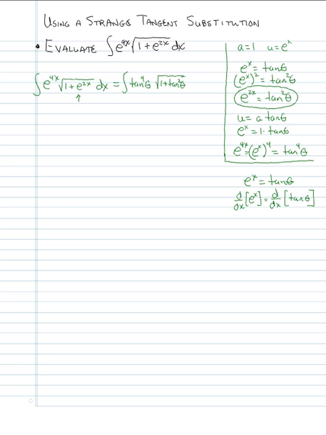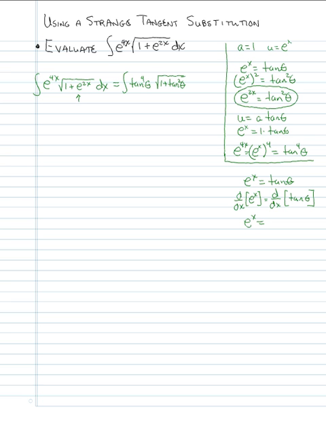Well, the derivative of e to the x with respect to x is very clearly just e to the x. Now, in the case of the derivative of tangent of theta with respect to x, we have to use the chain rule because we're not taking the tangent of x.